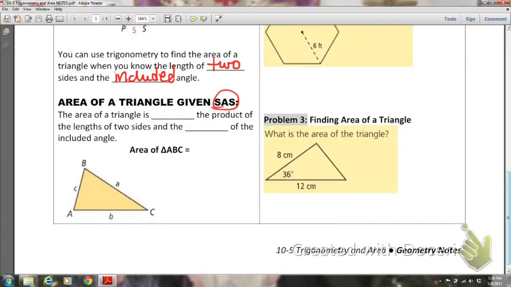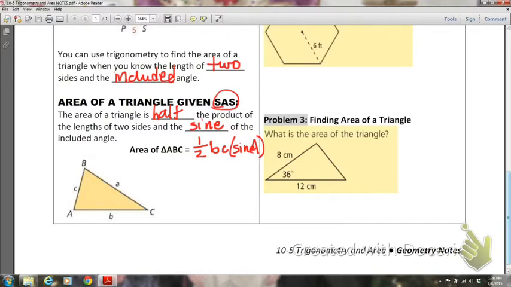So the area of the triangle is going to be half of the product of the lengths of the two sides that you know and the sine of the included angle that's in between. So the area of triangle ABC is going to be 1/2, if we know the length of sides B and C, times the sine of angle A.